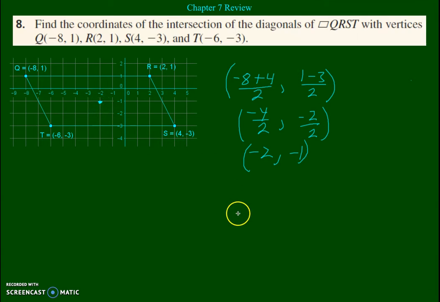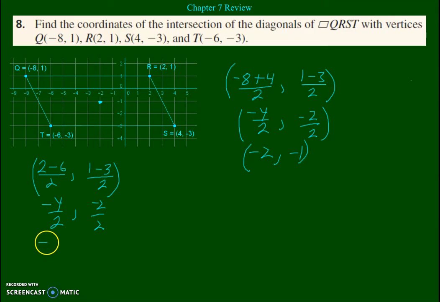And we could go ahead and compare. Let's find the midpoint of this, and it should be the exact same point. So if we want the midpoint of RT, it's 2 plus a -6, which is -4 over 2, and 1 plus a -3 over 2. So -4 over 2 and -2 over 2.